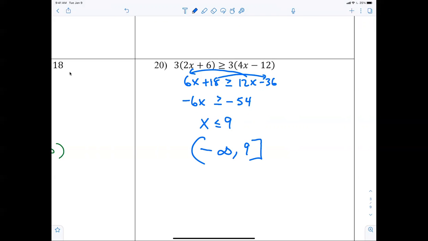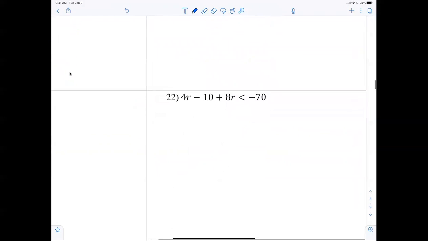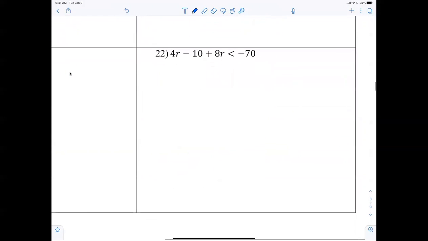Anybody have any issues? 4R and 8R is what? 12R, do we agree? Now, what can I do with the negative 10? Add it to the other side. So negative, right. Everybody okay with that?